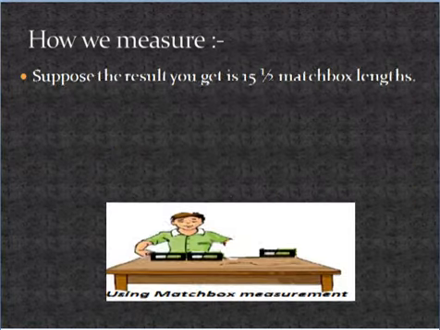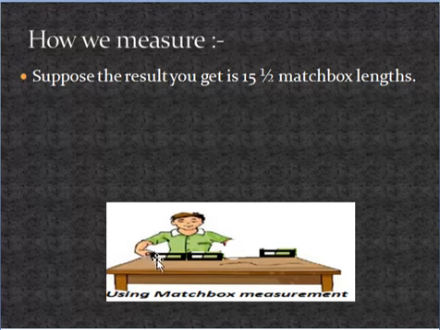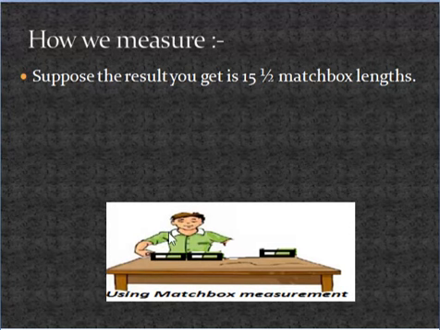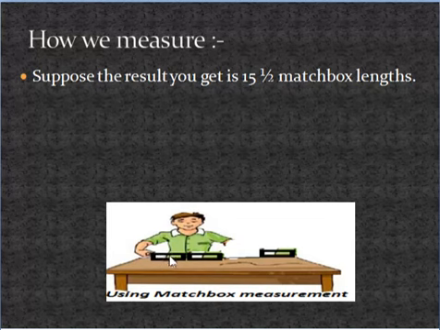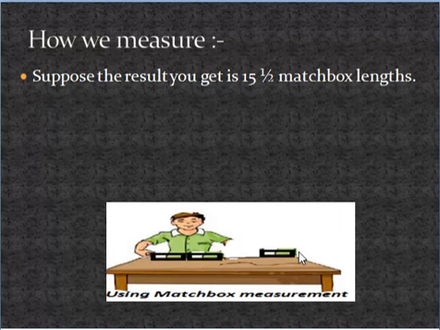See here, suppose that I am measuring. I will place my matchbox at one end, then the next, then the next, up to the last edge. Suppose the result you get is 15.5 matchbox lengths.